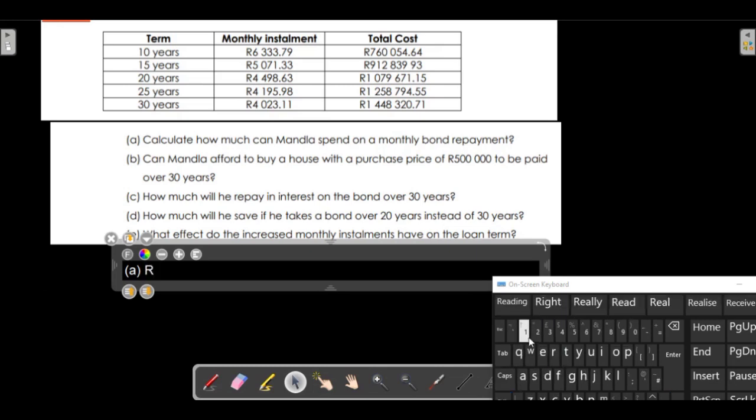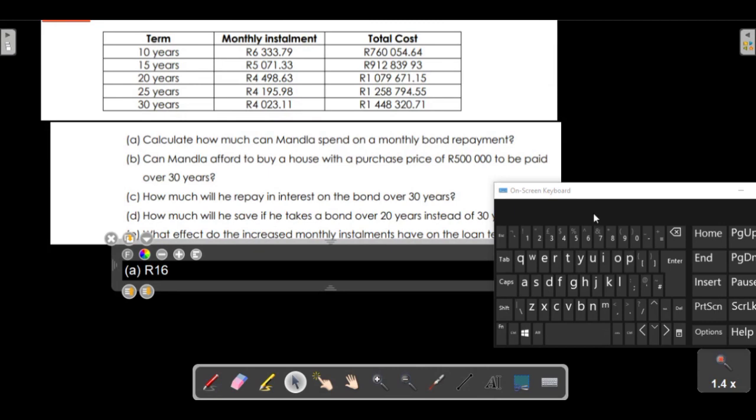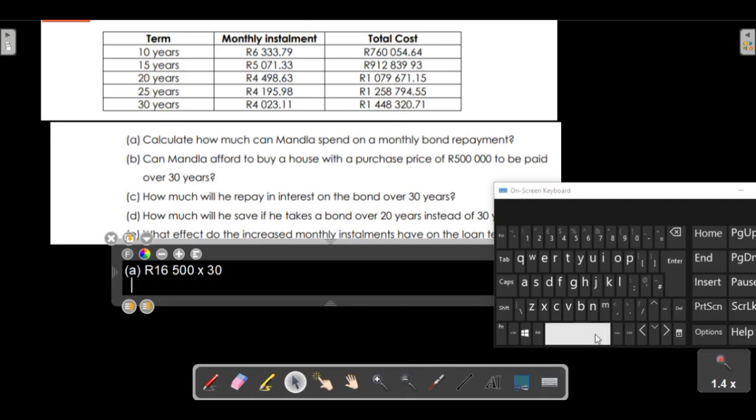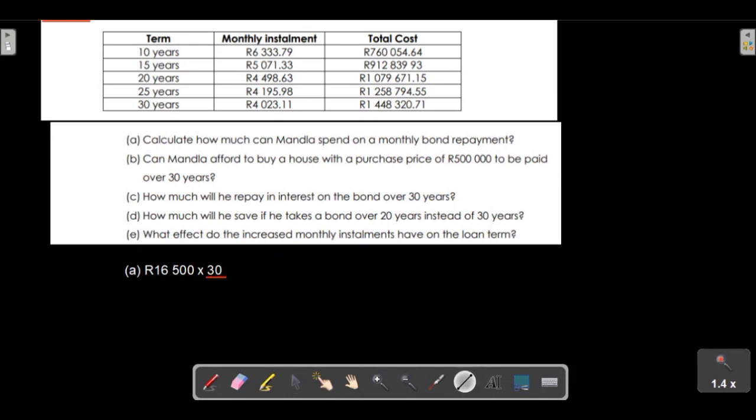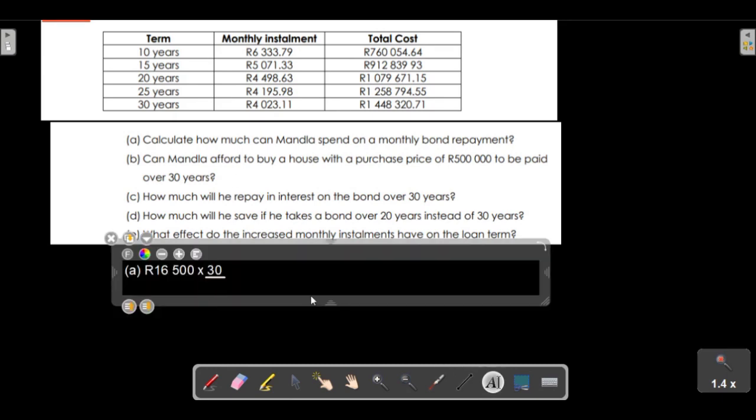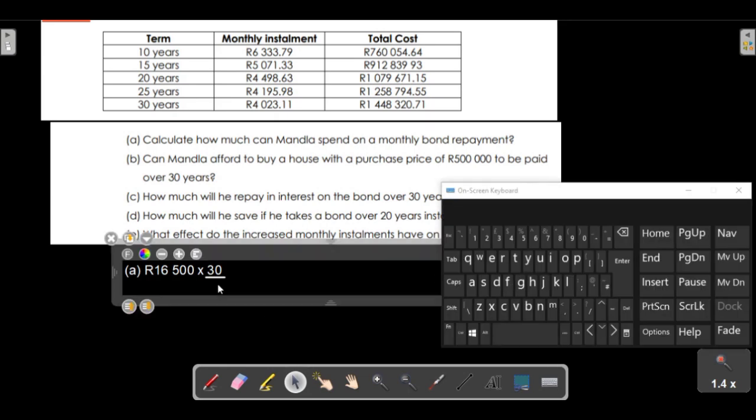So what we're going to say, 16,500 rands, and then we take 30% of that, multiply by 30. Remember the percentage sign, guys. We said that means you divide by 100, right? So dividing 30 by 100, that is 30% of his gross salary.